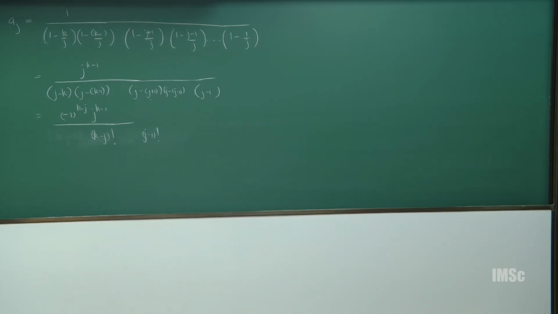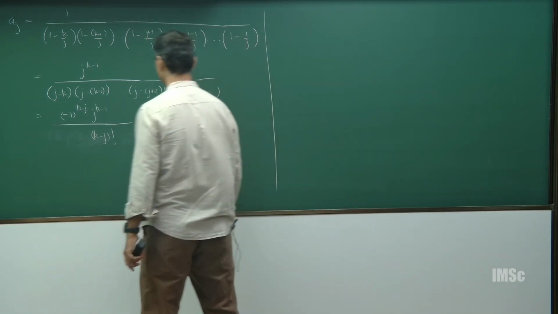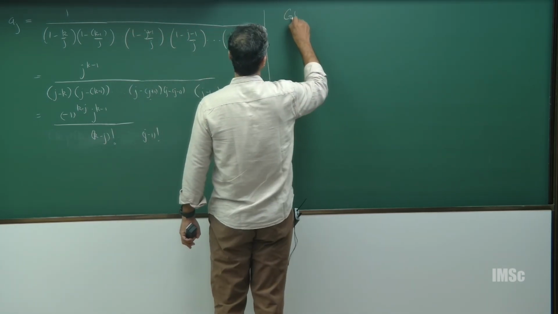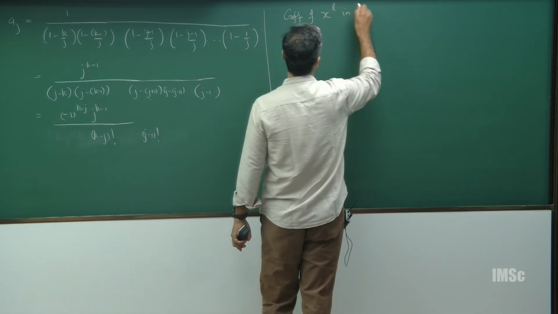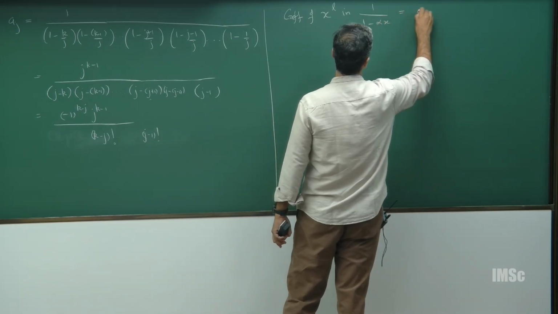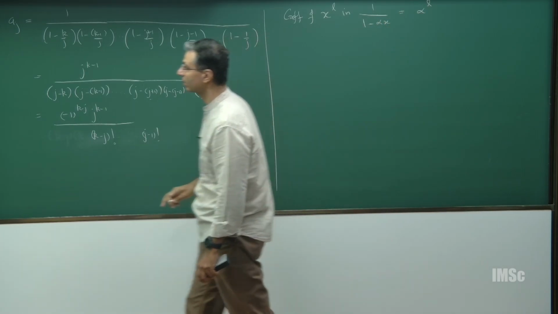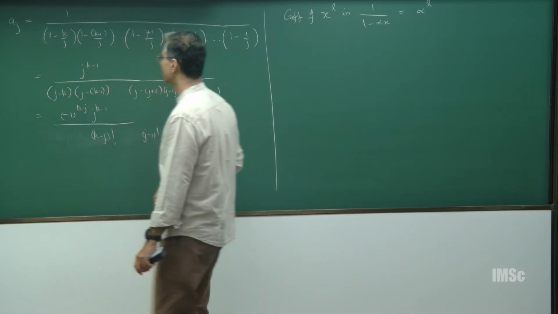right. What was the 1 upon 1 minus alpha x, the coefficient of x raised to whatever was alpha raised to whatever, right. So, let us recall that. The coefficient of x raised to L in 1 upon 1 minus alpha x is just alpha raised to L, right. So, we are interested in the coefficient of x raised to n minus k in all of these.